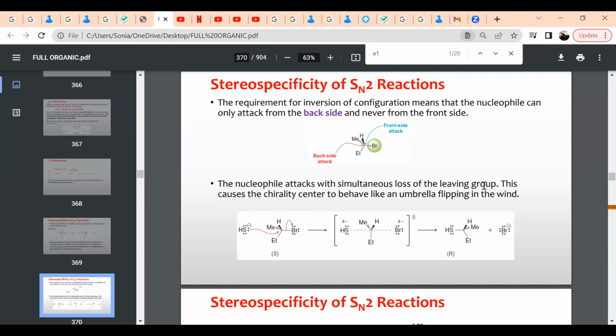You can just picture an open umbrella. If it's attacked from the inside, like on a rainy day, then your umbrella overturns. So that's exactly what happens. You have an inversion of configuration. So if your reactant is S configuration, the configuration of your product will be R.